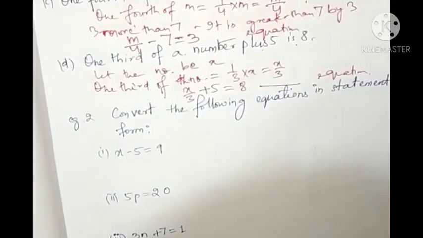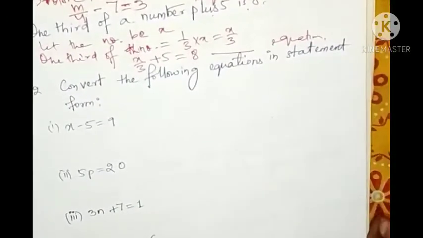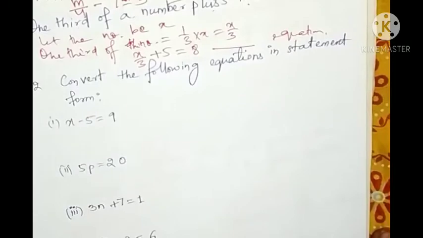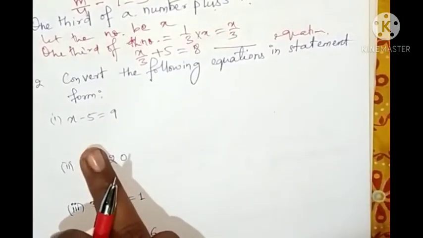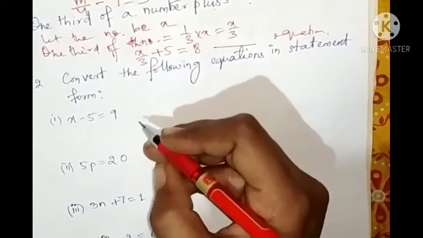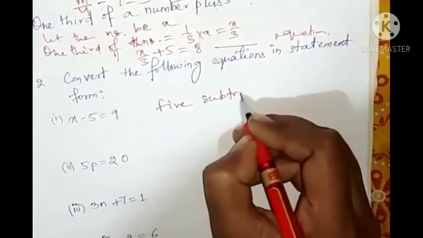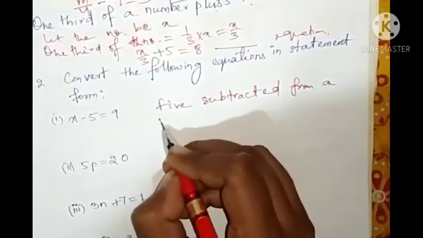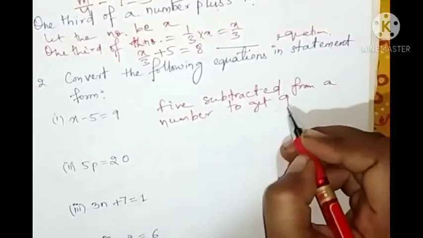Okay. Next, convert the following equation into statement form. So look at here, we have to write the statement form. You can write: 5 subtracted from a number to get 9.